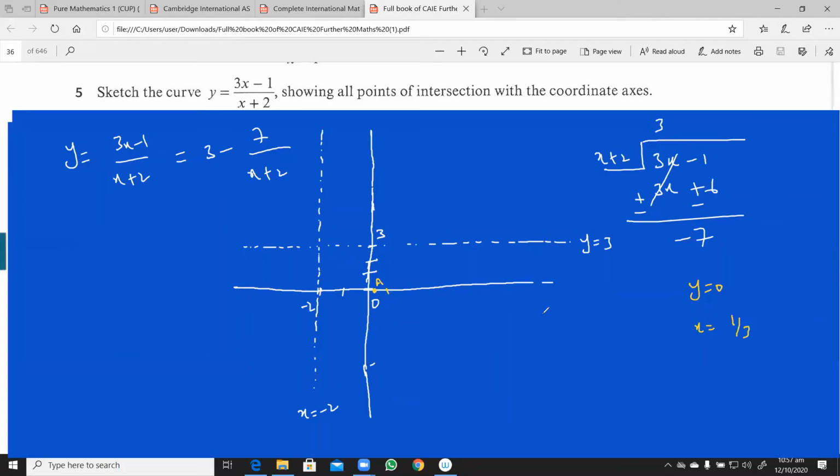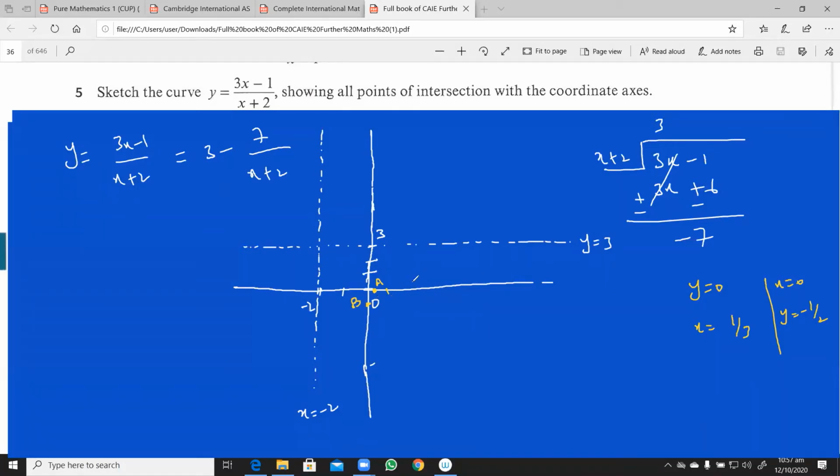Now when I put x equal to 0, I have y equal to -12.. Hmm, so that means this is going to be somewhere over here. Let me call this point B. So this is going to be the y-intercept over here. Okay.